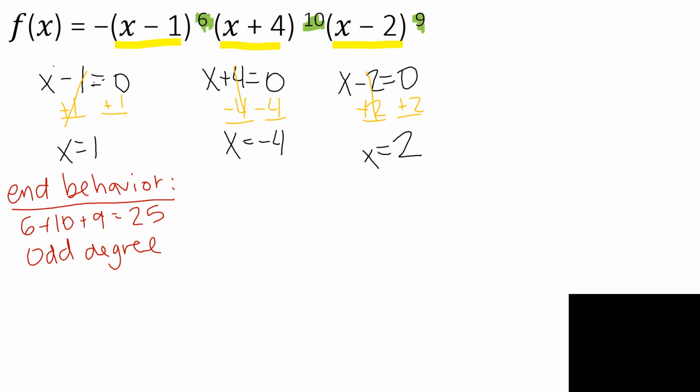and the leading coefficient is going to be a negative. If we look back at our chart from a few slides ago, when we have an odd function with a negative leading coefficient, our graph is going to look something like this, and there will be lots going on here in the middle.